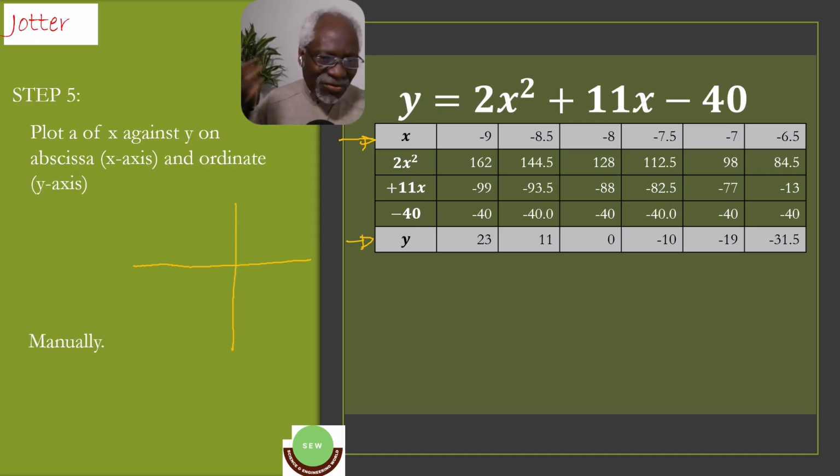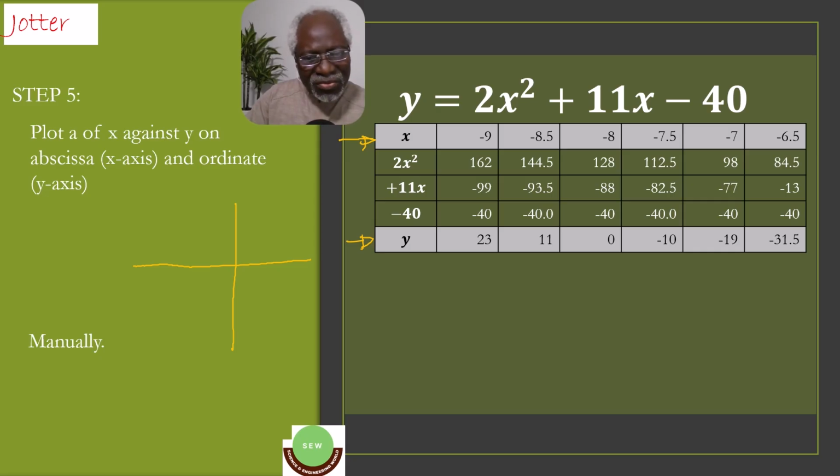Now, graphing our values, we have to take scales on these two lines. Depending on the values we've obtained, both on the x and the y, we determine the scales that we are going to use on these two axes.